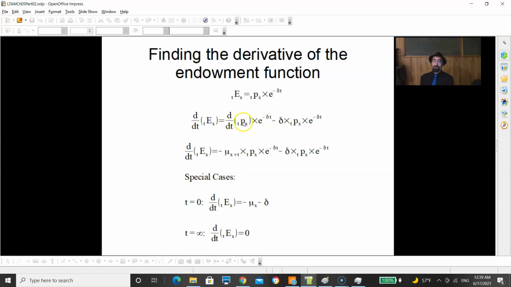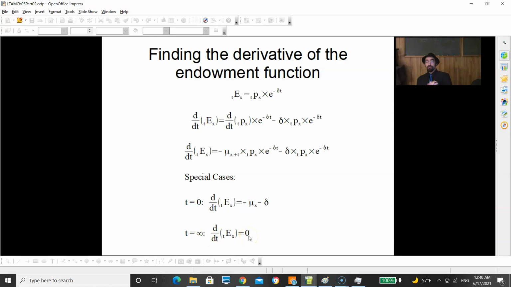Here, we need the derivative of tPx, and the derivative of tPx is just negative force of mortality times itself. So at t equals 0, the derivative is just going to be negative mu x minus delta. And at t equals infinity, it's going to give you a 0.